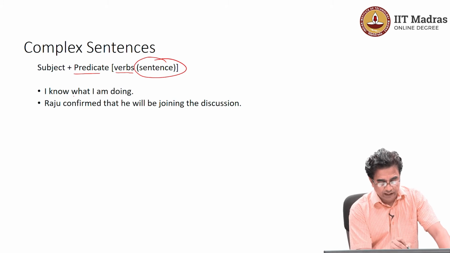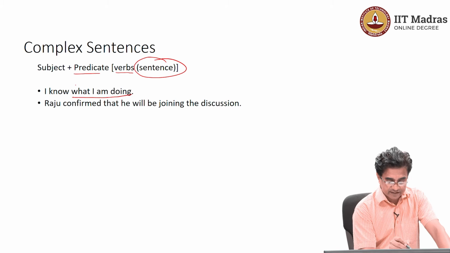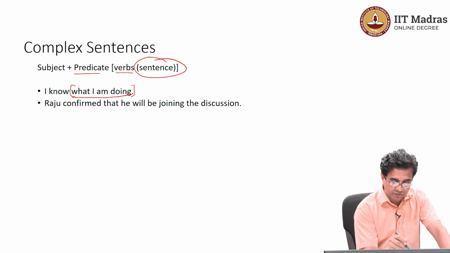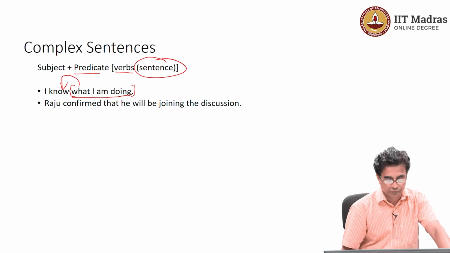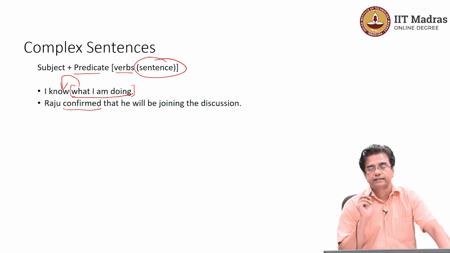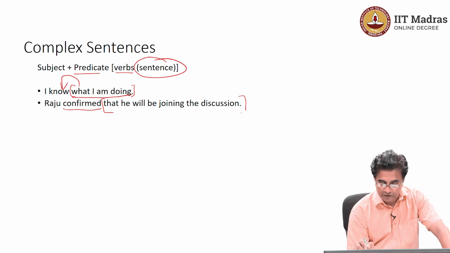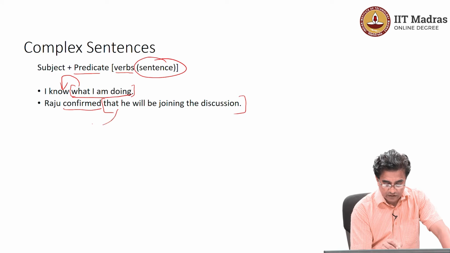I know what I am doing. In these types of sentences, what I am doing as a clause, as a sentence, is a complement, an object of the verb know. Raju confirmed that he will be joining the discussion. Here, the verb confirmed is a type which can take a complement clause as its object.